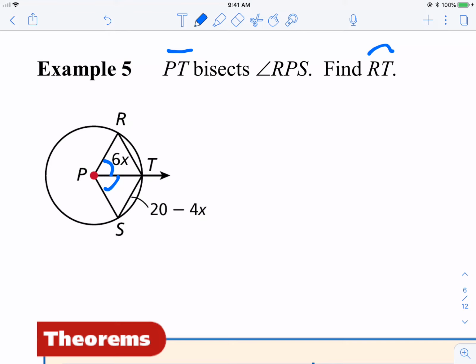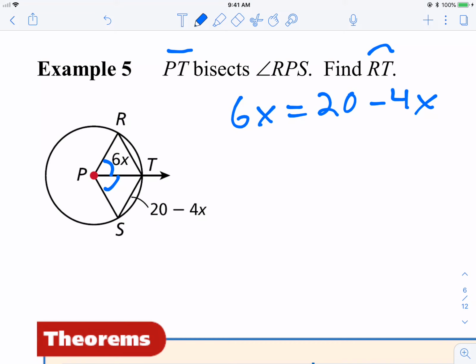We are asked to find the length of chord RT, and from our three-part theorem above, if the central angles are congruent, the two chords that go with that central angle must also be congruent. So yes, we are justified in setting those two chord lengths, 6x, equal to 20 minus 4x.